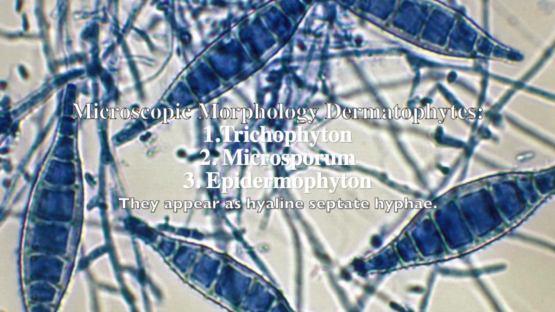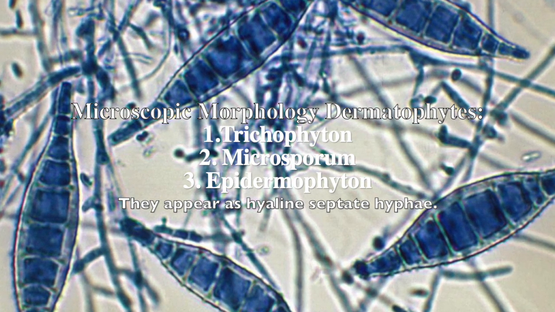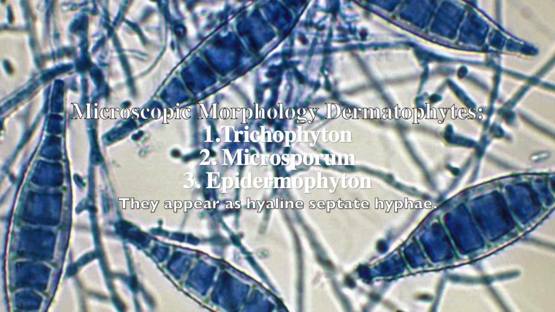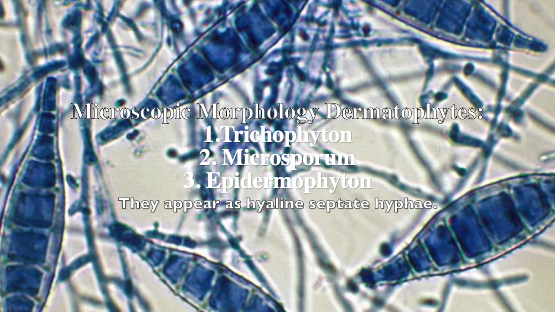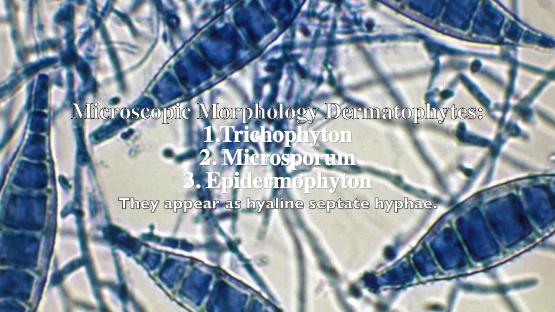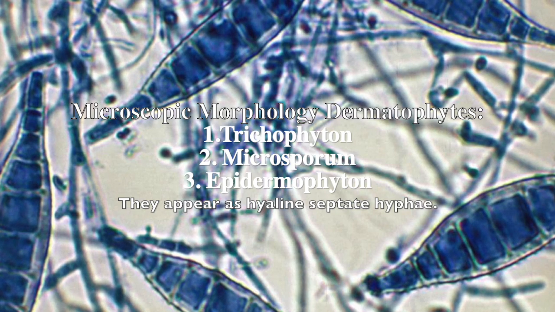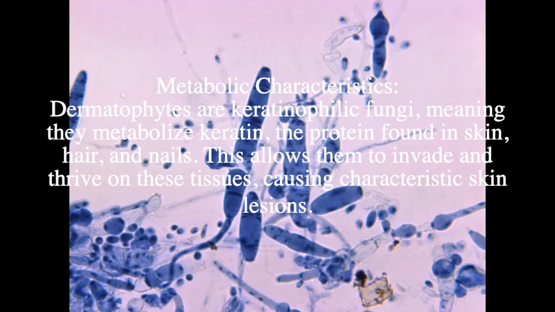The microscopic morphology of dermatophytes includes 1. Trichophyton, 2. Microsporum, and 3. Epidermophyton, and they appear as hyaline septate hyphae. The metabolic characteristics of these fungi are keratinophilic, which means that they metabolize keratin, the protein that is found in skin, hair, and nails, which allows them to invade and thrive on these tissues, which causes characteristic skin lesions.